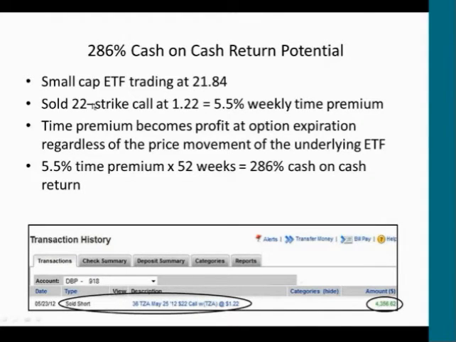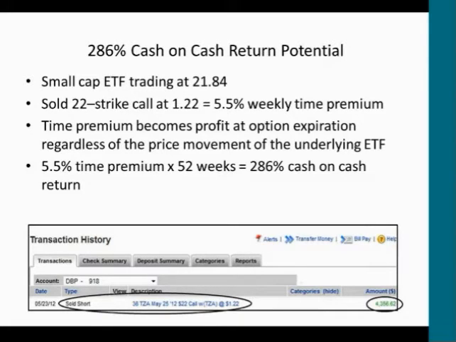So if I sell the 22 strike call and the ETF is trading at 21.84, that's the at-the-money call, and it's all time premium. This $1.22 that I received is all time premium, and that equates to a 5.5% weekly time premium that I'm collecting with this ETF.